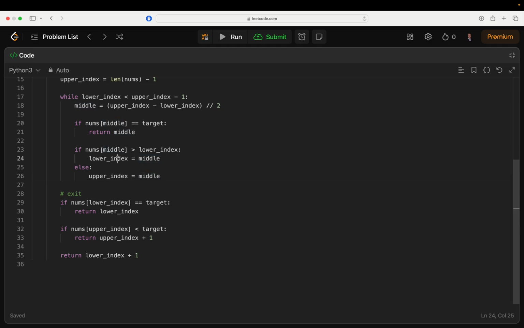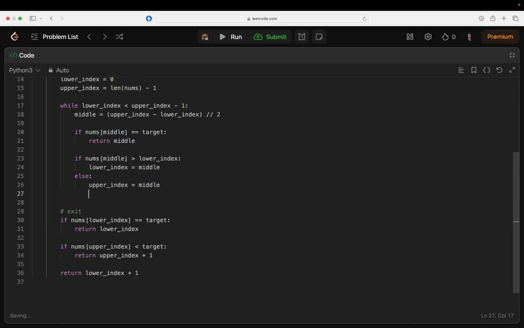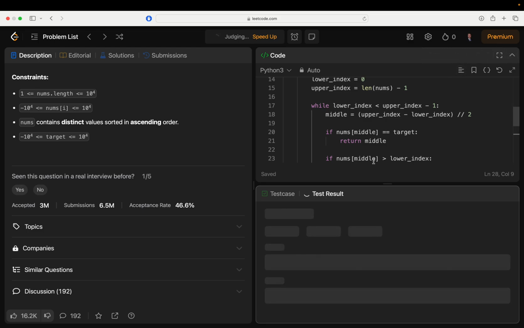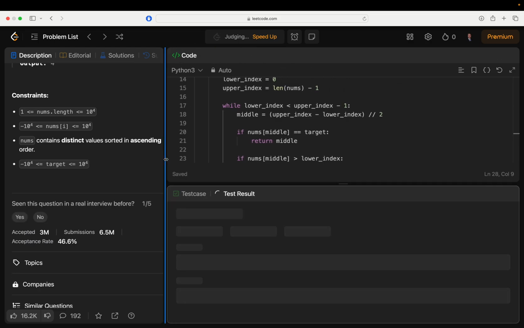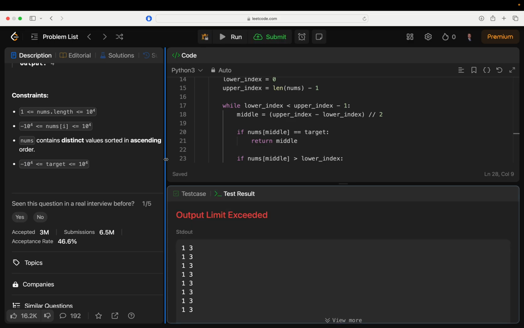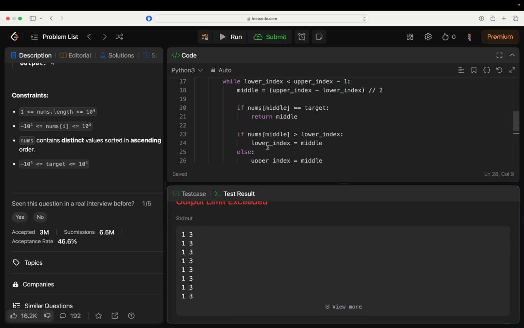So we're reassigning the index. Let's just do my little trick of printing out the indices as we work. Ooh, so it never actually changes them.